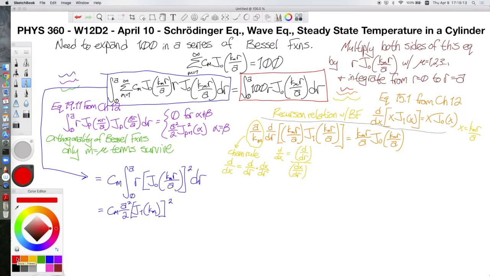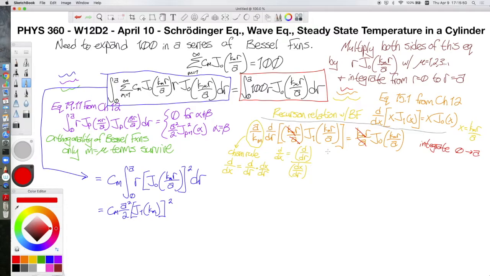So now we're going to do a little bit of math and cancellation here. I am going to cancel out one of these k_m over a's from each side of our equation. And then I am going to integrate from 0 to a. So we obtain the following equation.